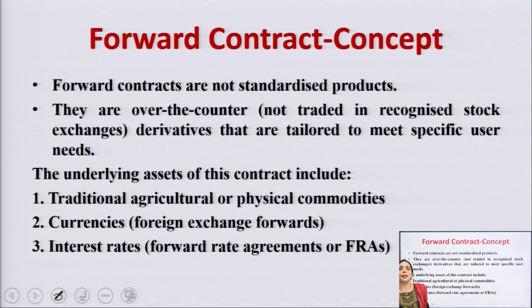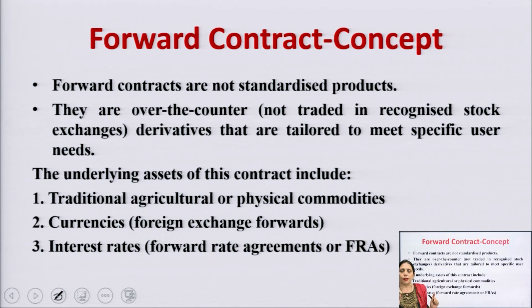Forward contracts are customized contracts. Unlike futures, they are not traded on an exchange. They are private contracts, between two financial institutions or between a financial institution and one of its clients.